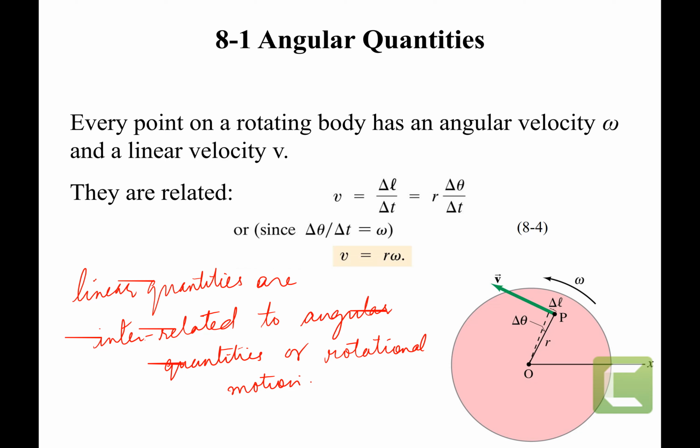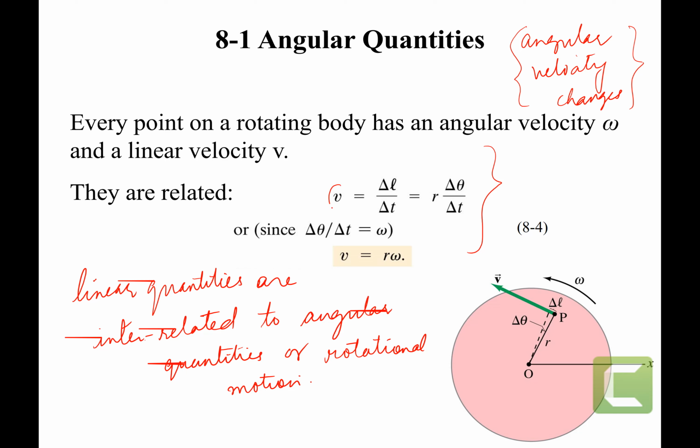So when a child starts up a merry-go-round from rest, or when a computer hard disk slows down when switched off, in all these cases there is angular acceleration because angular velocity has changed. If angular velocity is not changing, we will not have any acceleration. You must understand acceleration means change in velocity per unit time. So let's see how these quantities are related to each other.